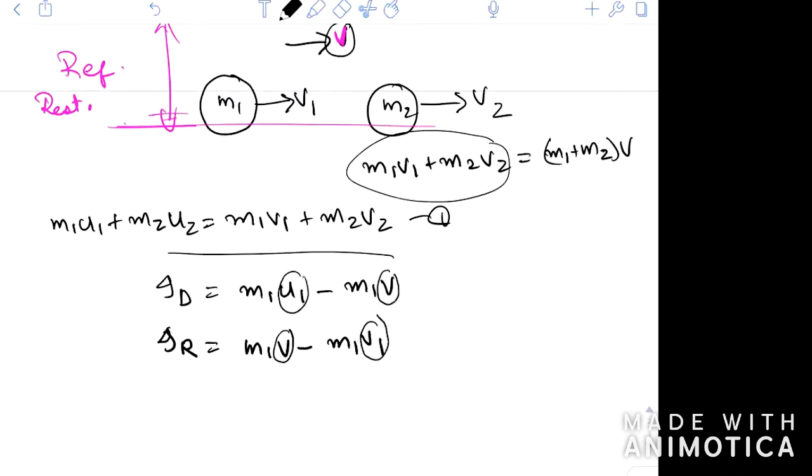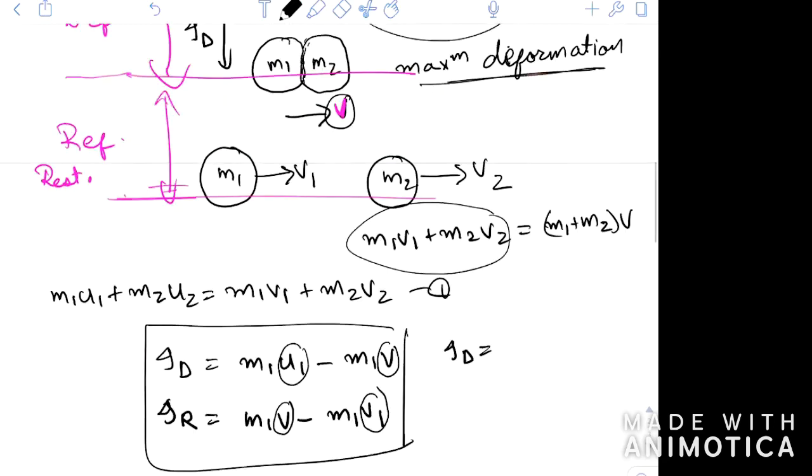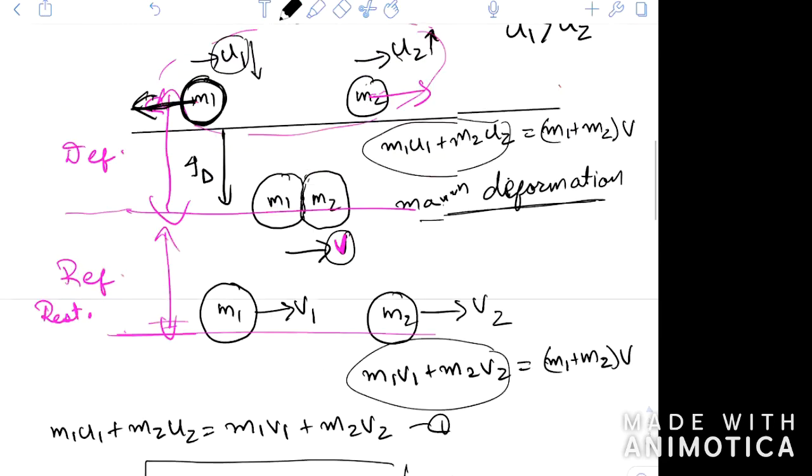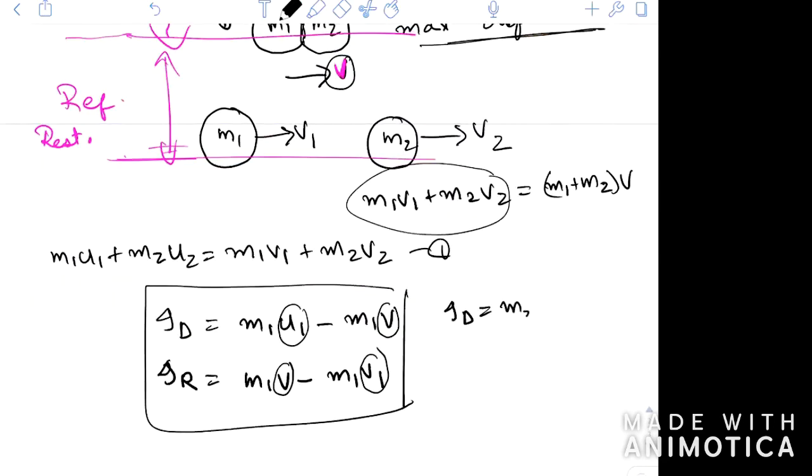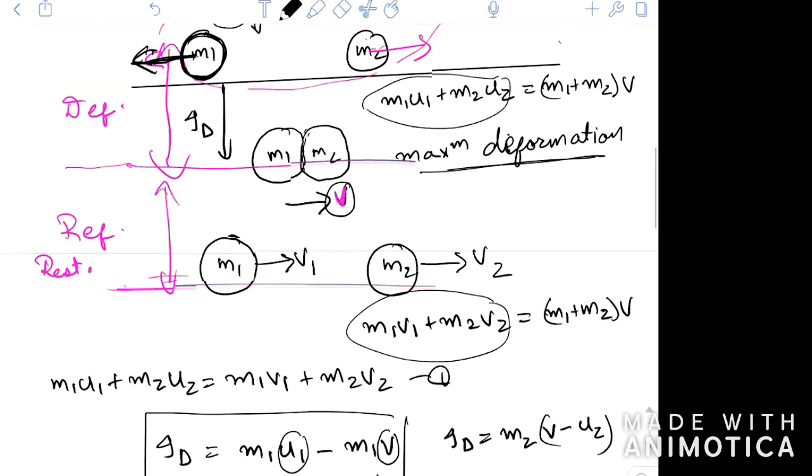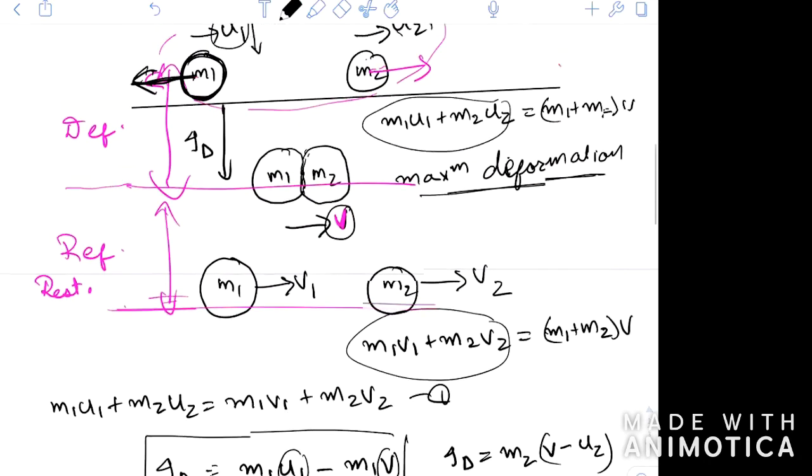If you calculate the impulse of deformation on the other particle, that is m2, then you will have to write m2 v minus u2, because here for the second particle v will be larger, as its velocity during the collision keeps on increasing, no?